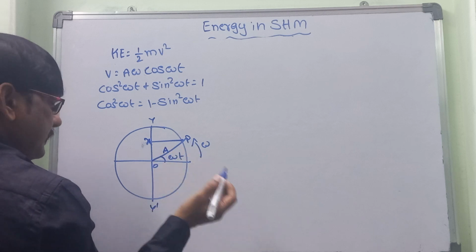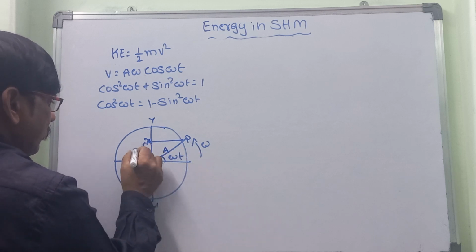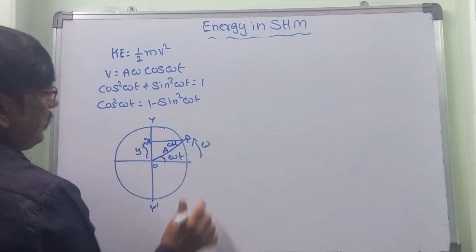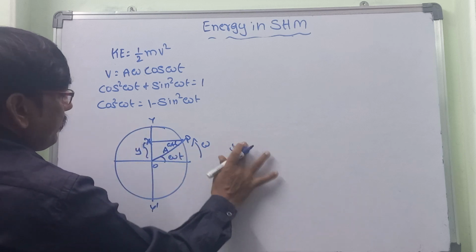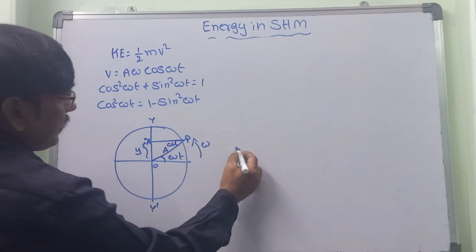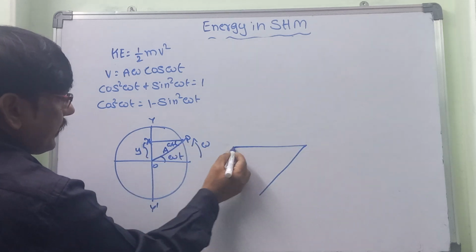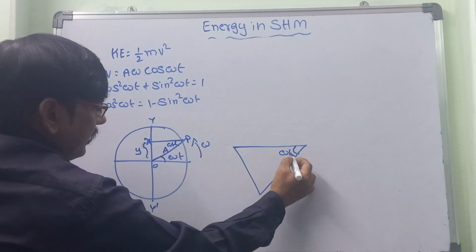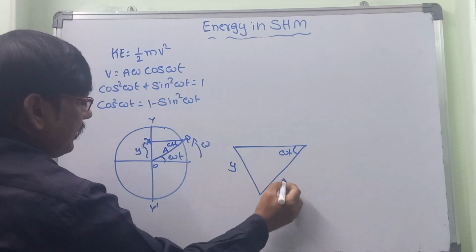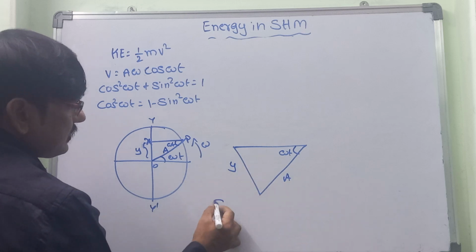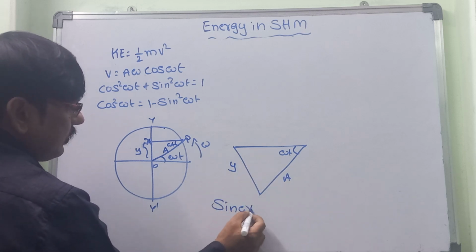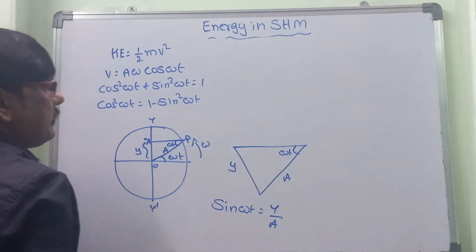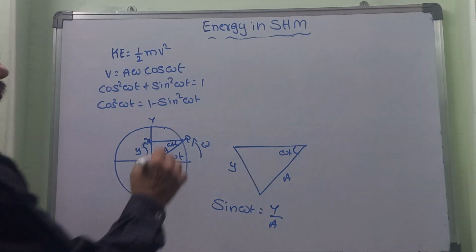The radius is a, and consider this as y. So this is also omega t. In the triangle, this angle is omega t, this side is y and this side is a. Then sin omega t is opposite side by hypotenuse, so sin omega t is equal to y by a.